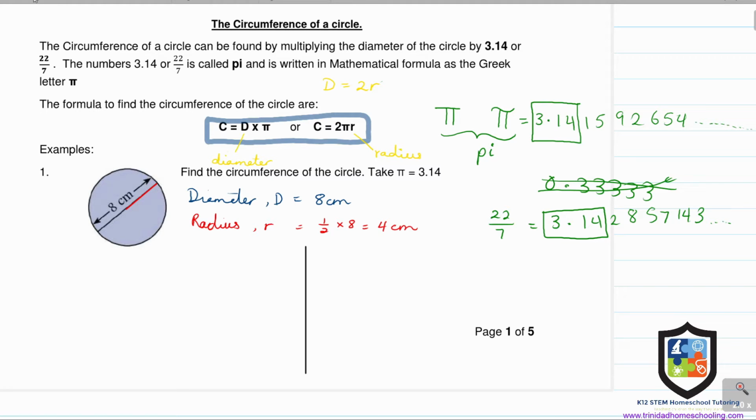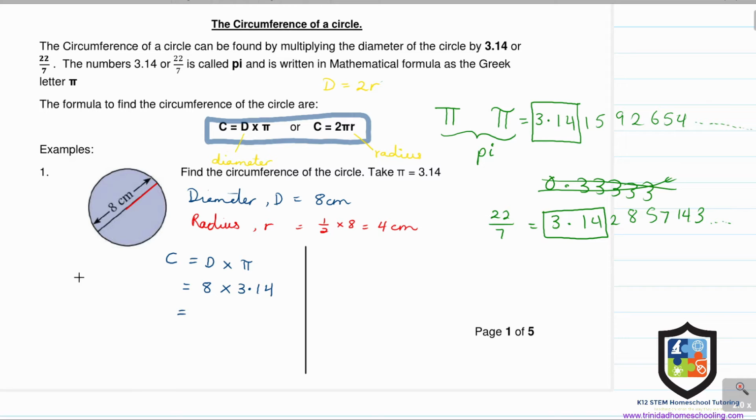So on this side here, I am going to use the diameter formula. So my circumference is equal to diameter times the value of pi. Now they said take 3.14 as the value of pi. So my diameter is 8. I'm going to multiply that by 3.14.